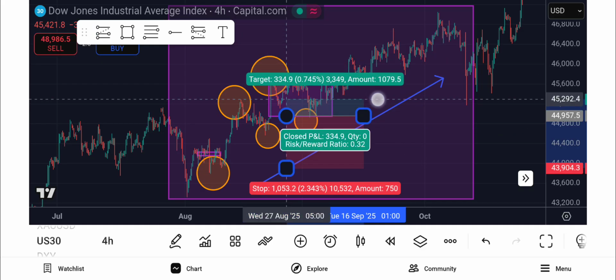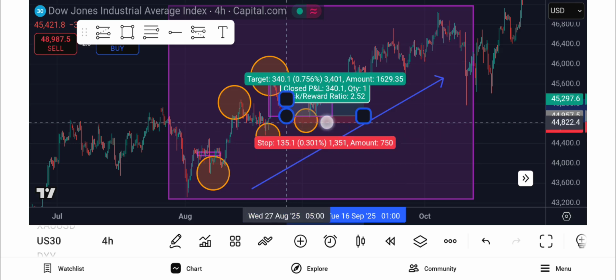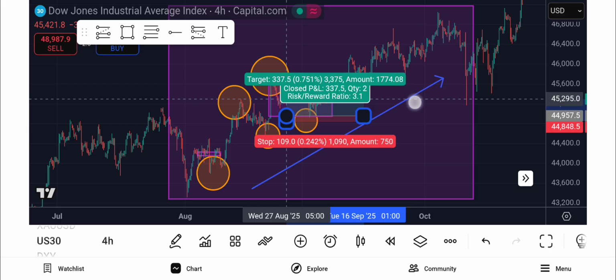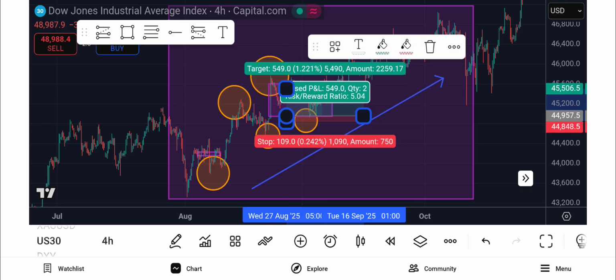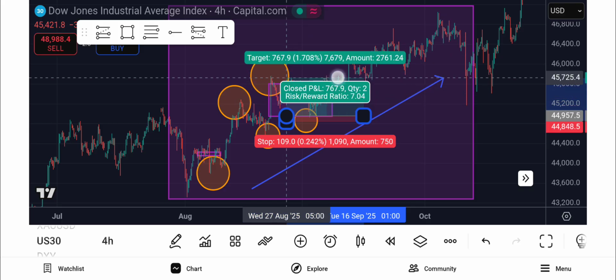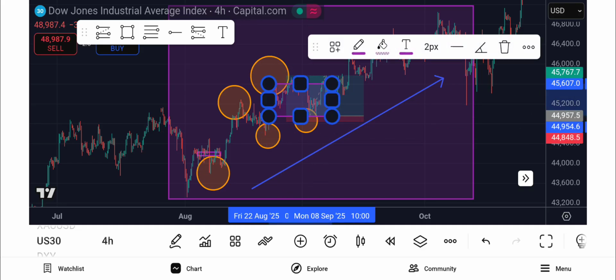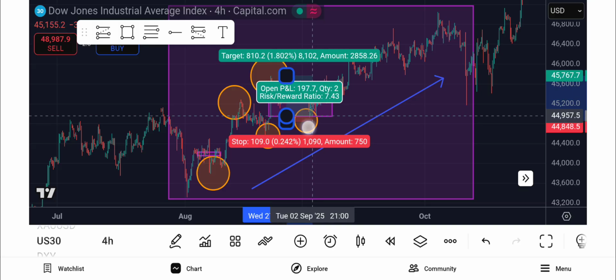Right, you could put the stop loss below the first point. We could go for 101, 102, 105, all the way up to this high over here. This high up here, right? So you could do that.